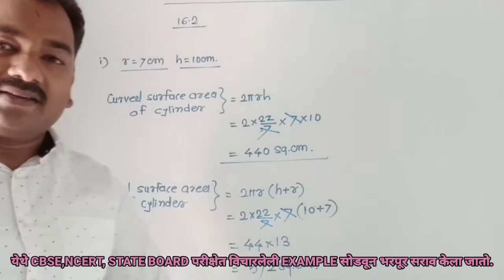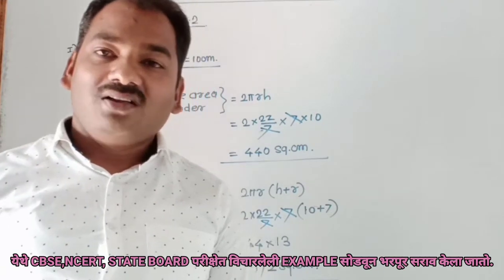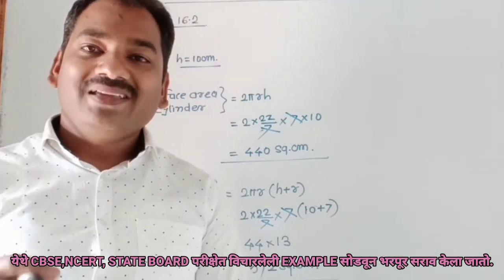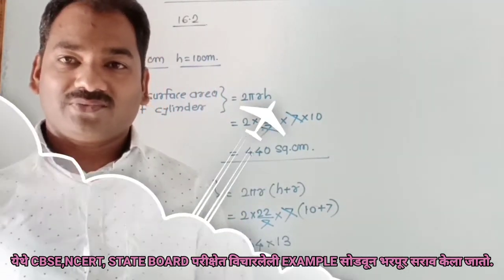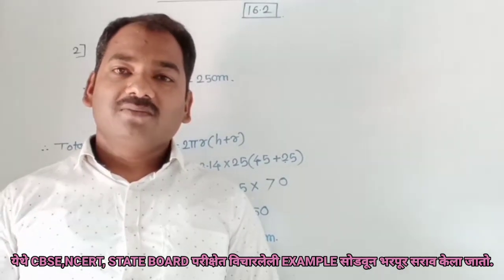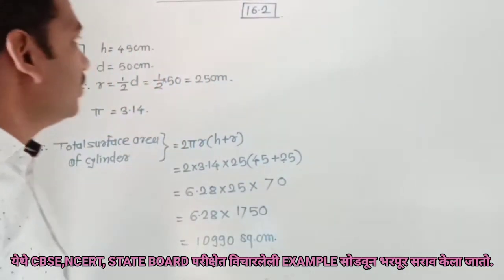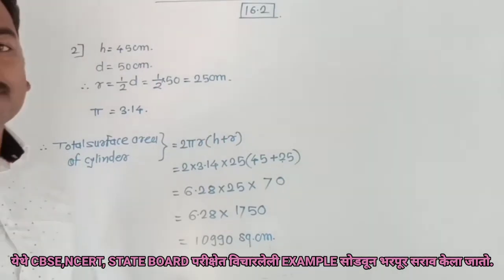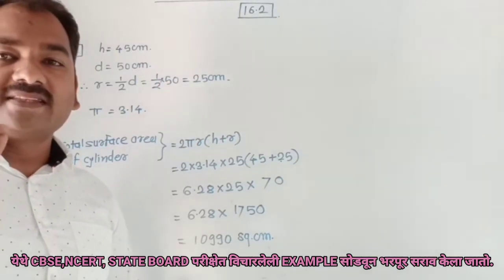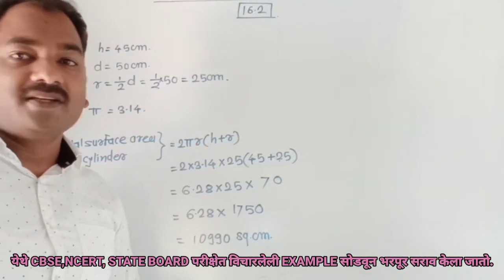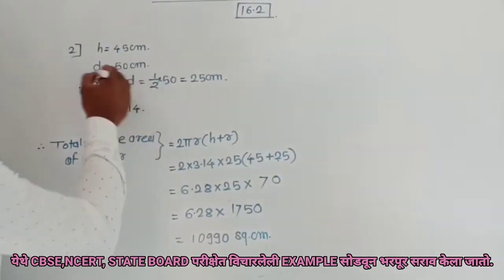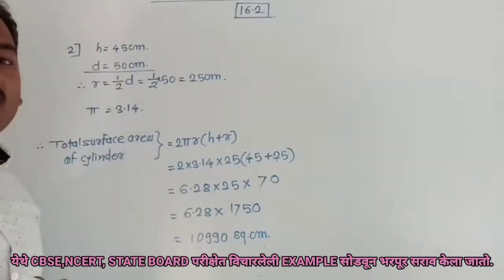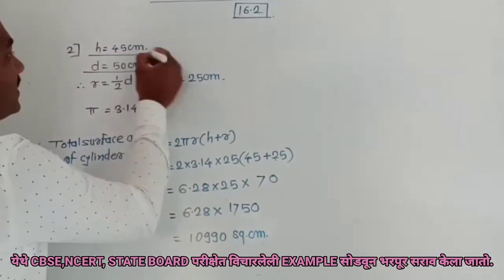In the same way you have to solve questions number 2, 3, 4 and 5 in the first question. Now look at question number 2 from your practice set 16.2. We are given a cylindrical drum of diameter 50 centimeter, and its height is 45 centimeter.